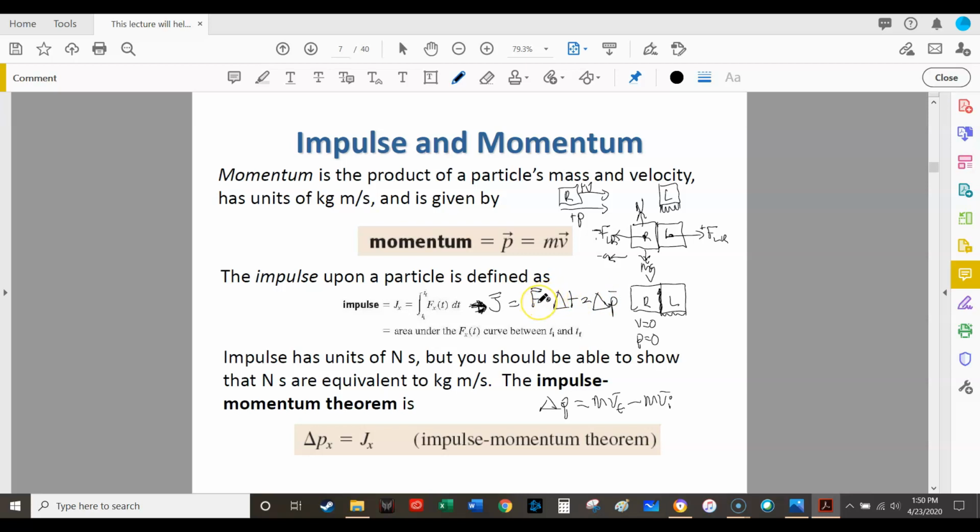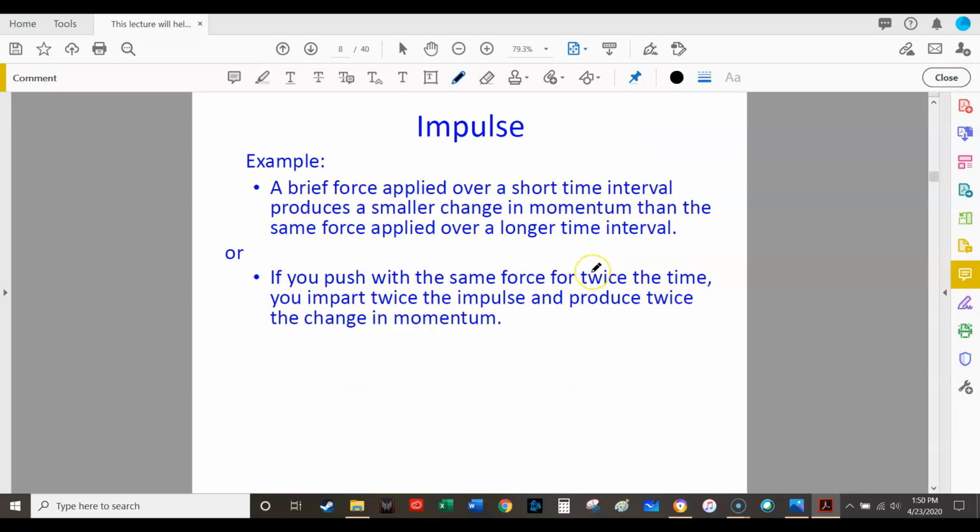So that altogether is what impulse and momentum are, and that's how the two are related: impulse is related to momentum through a force over a period of time, okay? So you can see that force diagrams are still going to be important when analyzing an object's momentum and impulse. So basically, here is the summary.